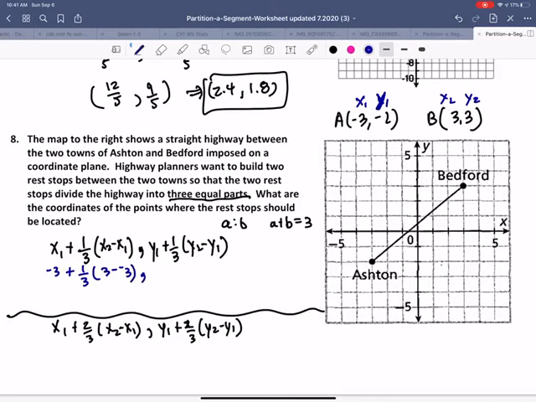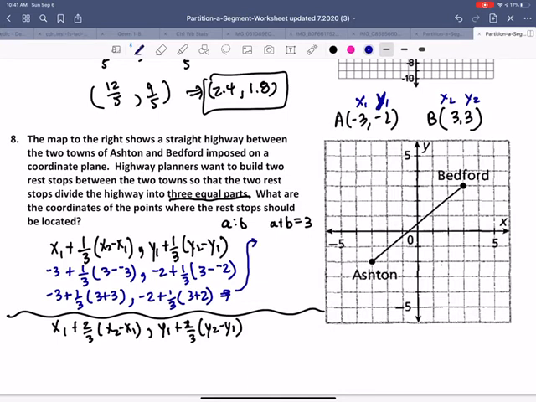My Y value is -2, and my two Y values are 3 and -2. So let's clean this up. This would be 3 plus 3. 3 plus 2. Okay, so let's keep showing our work.